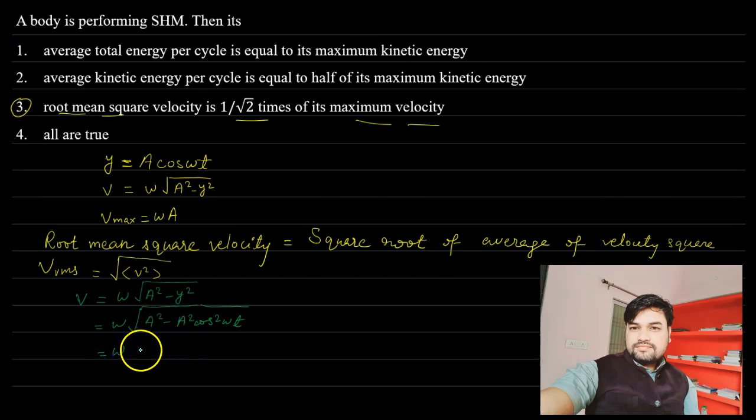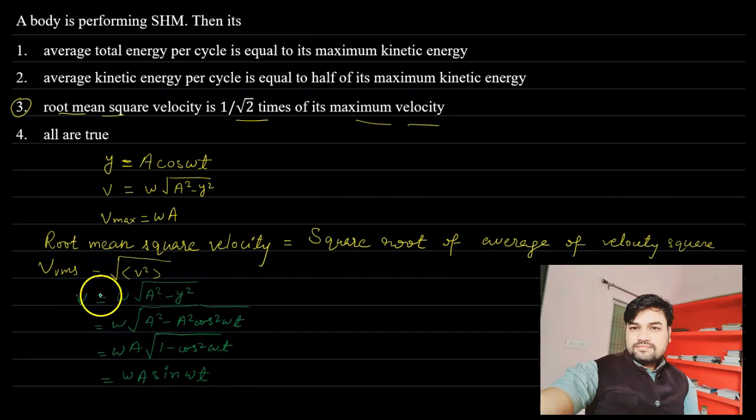Omega a can be taken outside: omega a square root of 1 minus cos square omega t. 1 minus cos square omega t is sin square omega t, which can be taken outside of the square root. So that becomes omega a sin omega t. This is the velocity in terms of the sine function.